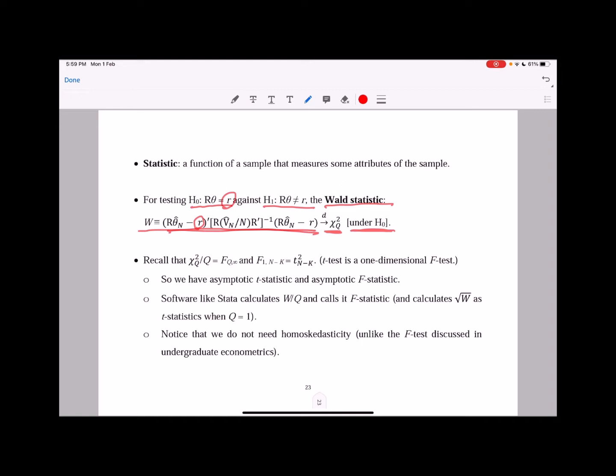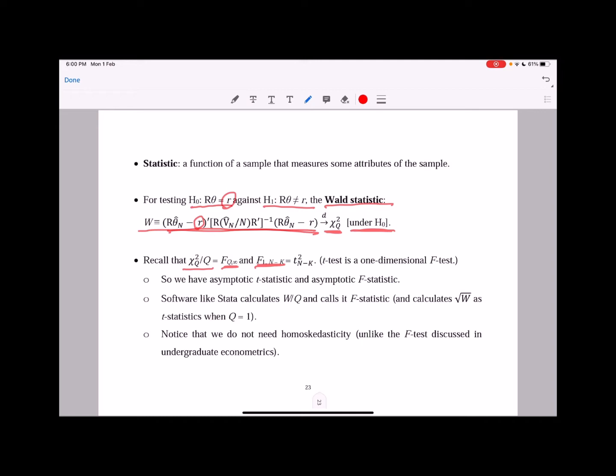Recall that if you divide a chi-square distribution by its degrees of freedom q, it becomes an F distribution. Also, a one-dimension F distribution is the square of a t distribution. So in fact, the t-test is a special case of the F-test; it is a one-dimension F-test. Here we have an asymptotic t statistic and an asymptotic F statistic.